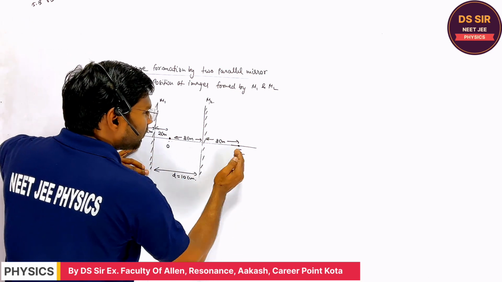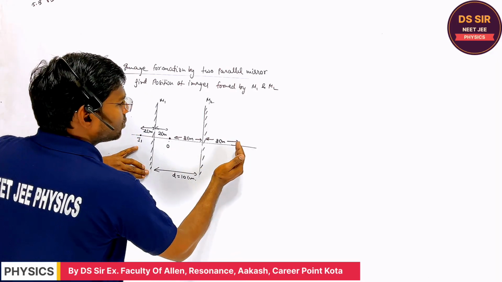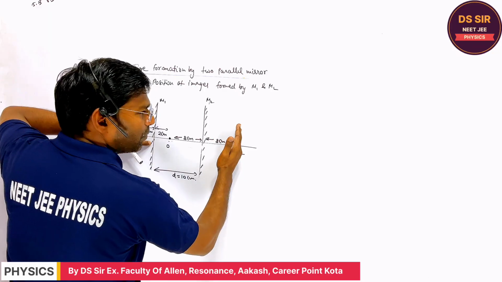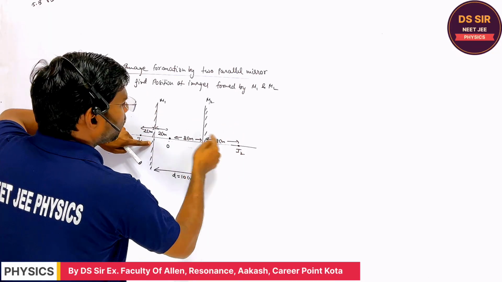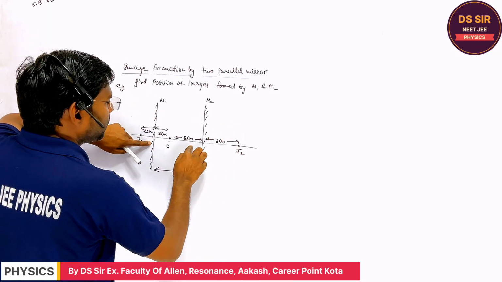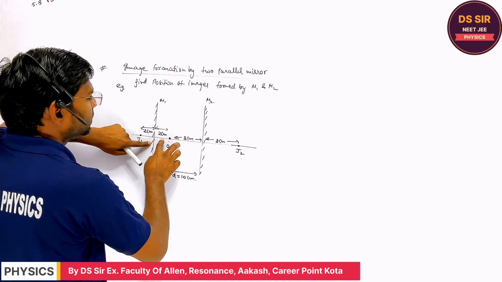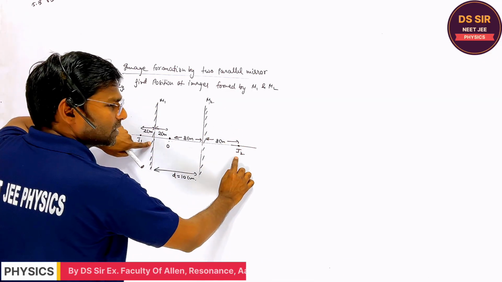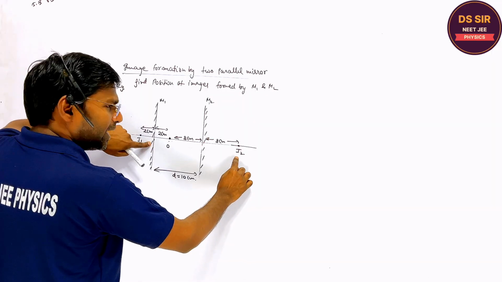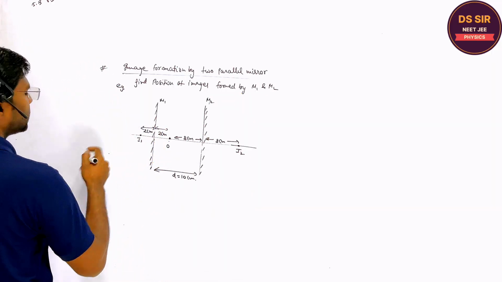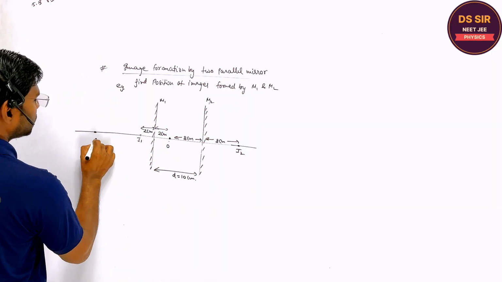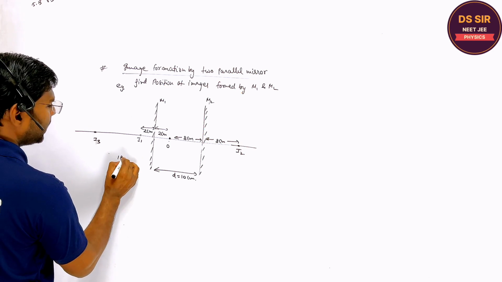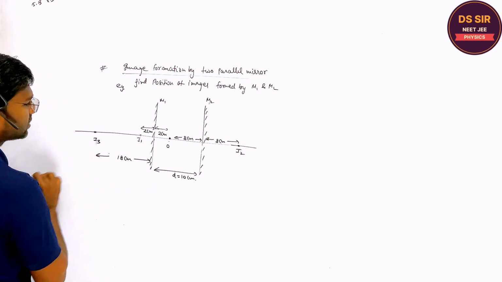Now this image works as an object for this mirror. So with respect to M1, by what distance is it placed? 8 plus 8 plus 2. How much is it? 10 plus 8, 18. So in front of this, an object is placed at 18 centimeter. Therefore, behind this, the third image I3 you can write. It is formed at 18 centimeter like this.